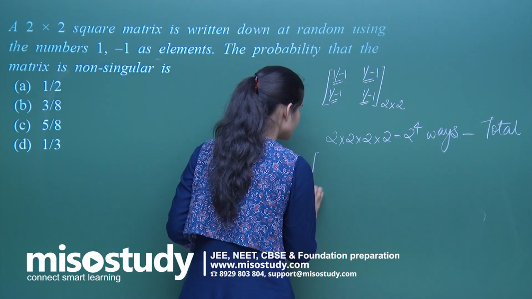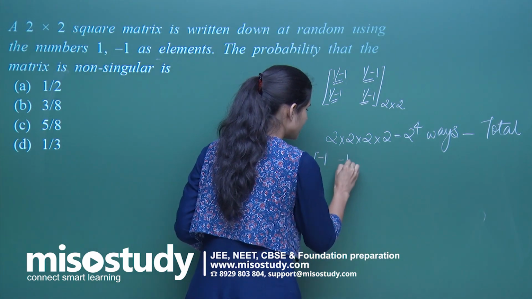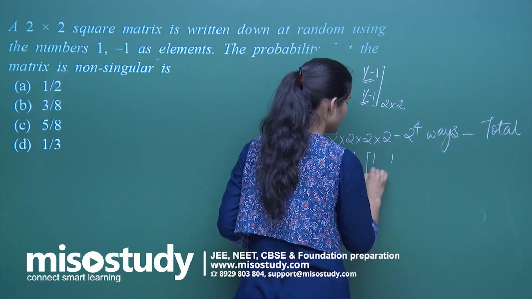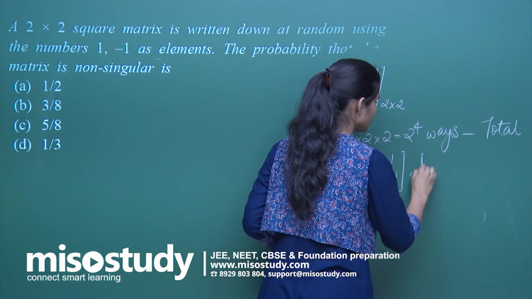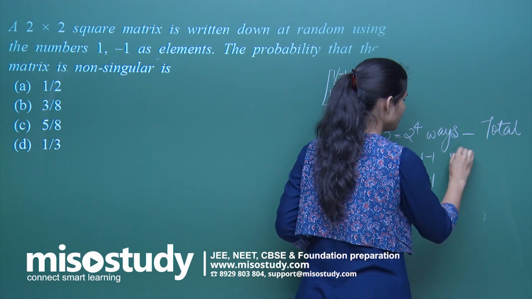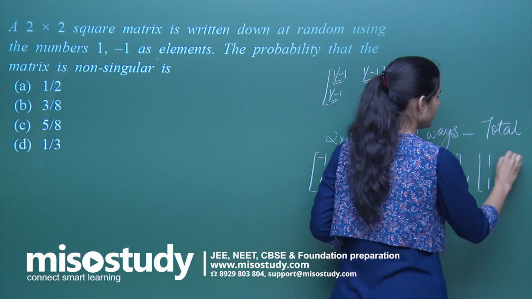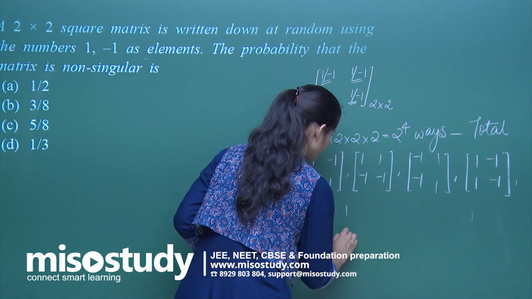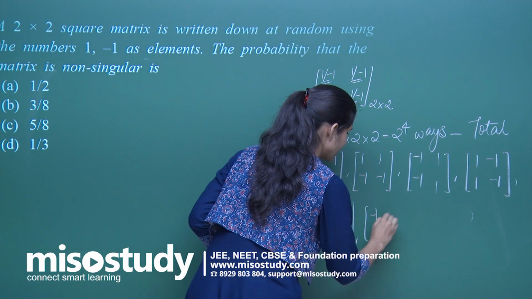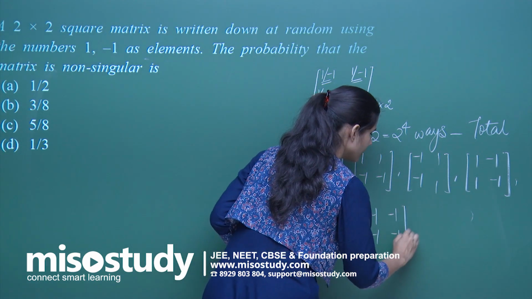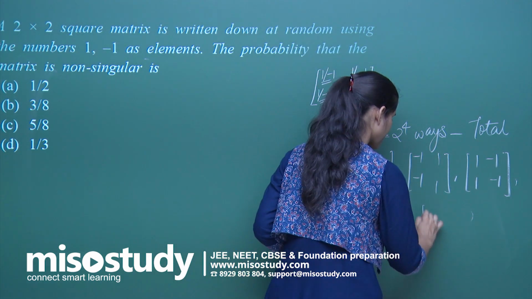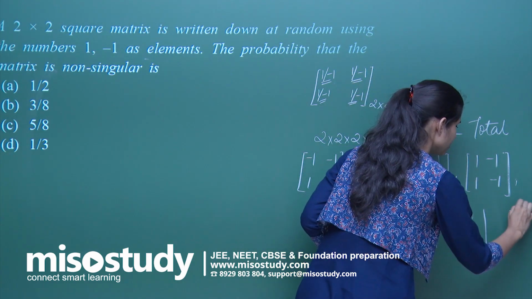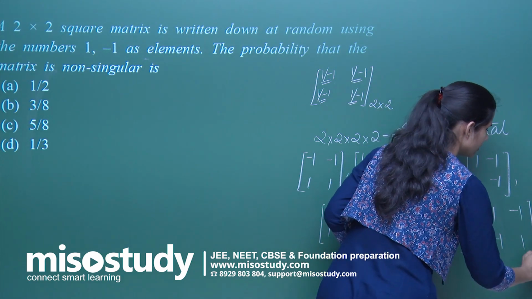It's very simple to understand that if you take -1, -1, 1, 1, if you take say 1, 1, -1, -1, -1, -1, 1, 1, 1, 1, -1, -1, 1, 1, 1, 1, -1, -1, -1, -1, okay, -1, -1, 1, 1, and -1, -1, 1, 1.